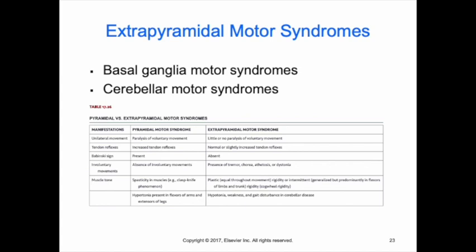With basal ganglia motor syndromes, these are movement disorders that involve either a paucity or an excess of movements. Stress, nervousness, tension will all typically worsen these symptoms. When your patient is relaxed, it will improve their motor performance. You'll see involuntary movements such as tremor, chorea. You'll see dystonia as well.